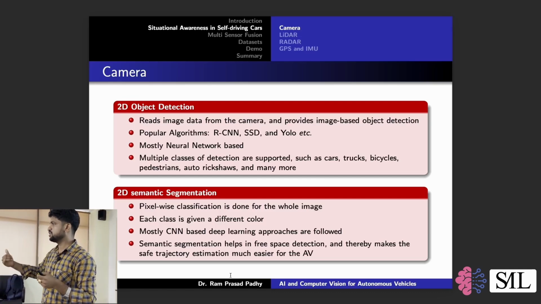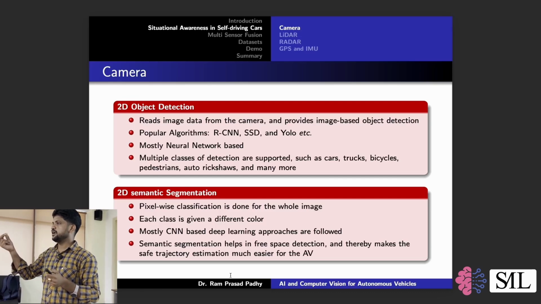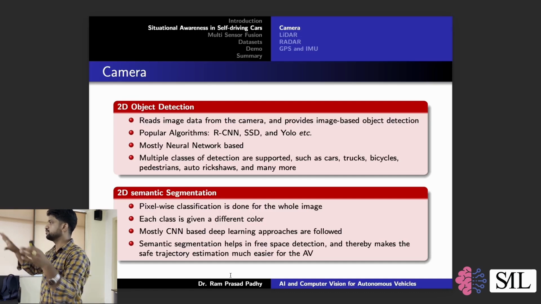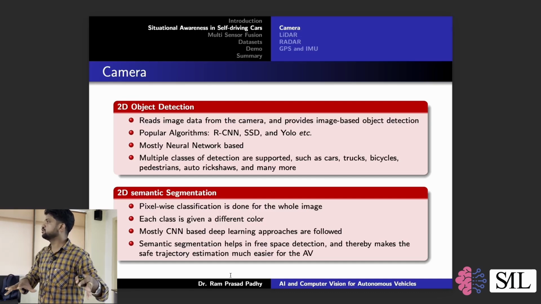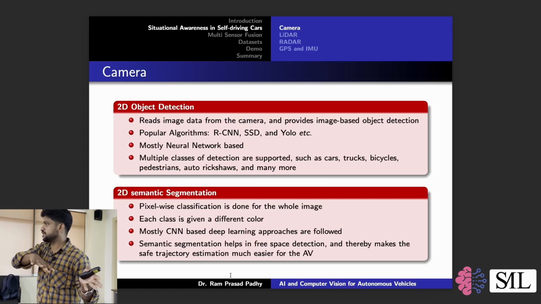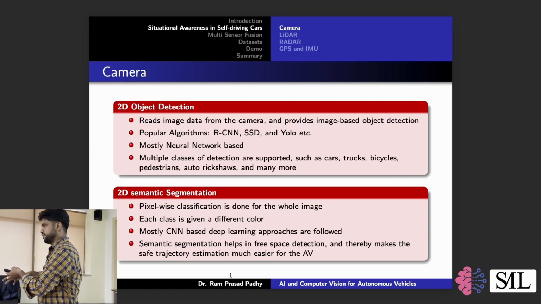But from 2014 onwards, have you heard this term RCNN? That is the first paper that came into the picture for object detection based on convolutional neural networks. There they used the selective search approach in a neural network way. How can the same thing be done in a neural network?